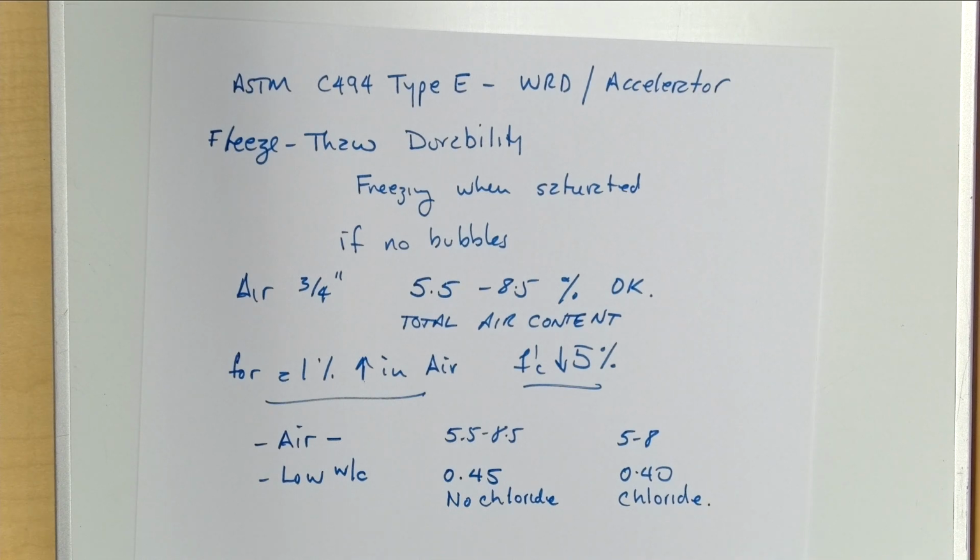And so if you see concrete that is damaged by freezing and thawing, then someone has made a mistake. Either the designer, possibly, the contractor, maybe, the ready-mix producer, maybe, or the finisher, almost for sure.